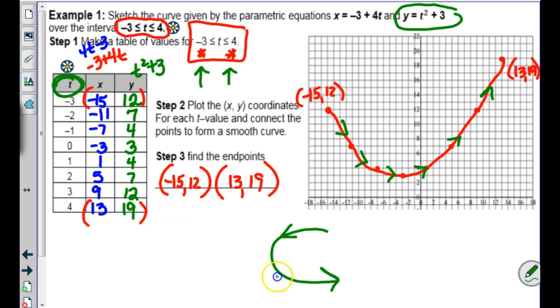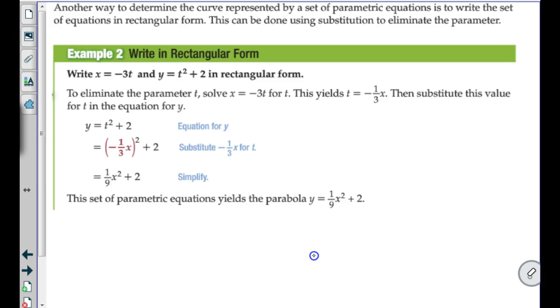But you need to just put whatever order your curve graphed in as you went down this list, okay? Anybody else have a question? Yes, your calculator is going to eventually do this for you, okay? The problem is the calculator doesn't stop at the endpoints necessarily.